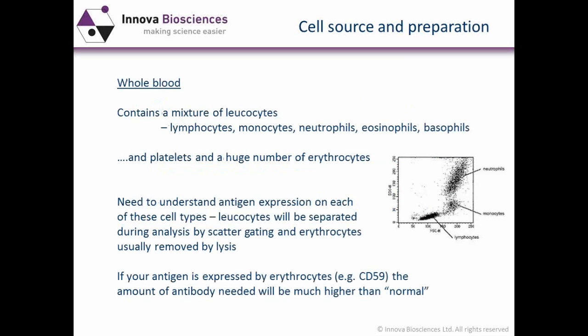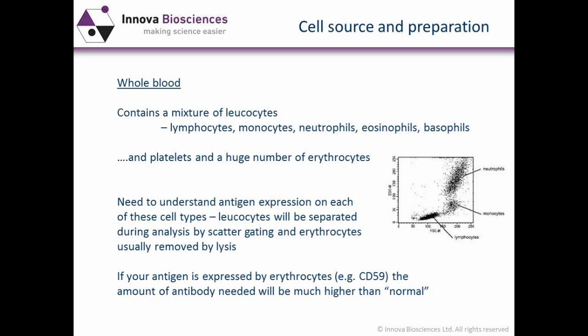I'm going to run through a number of different cell types, and perhaps one of the most obvious ones to start with is whole blood. This, particularly for people working with human systems, is one of the most common samples to stain. So whole blood, as I'm sure you're all aware, is a mixture of leukocytes, and there are 5 main types here: lymphocytes, monocytes, neutrophils, eosinophils, and basophils.